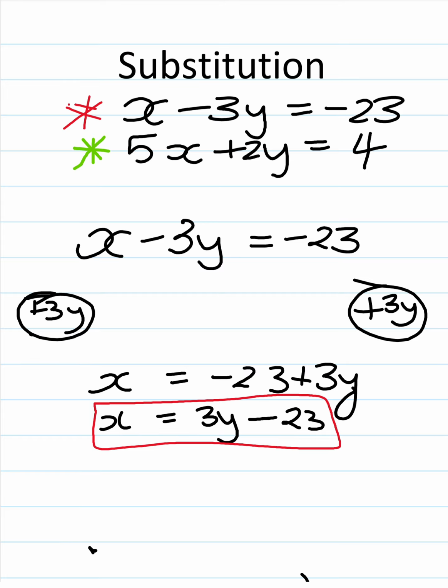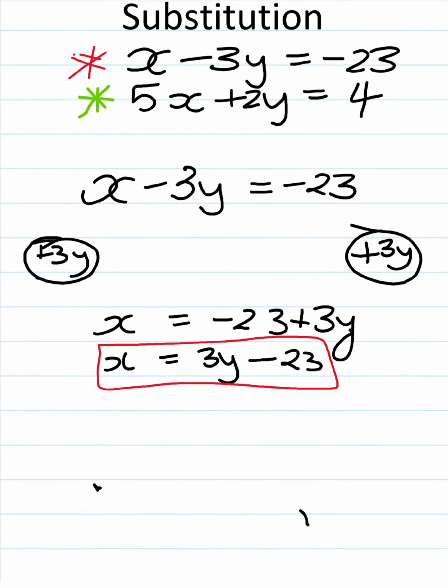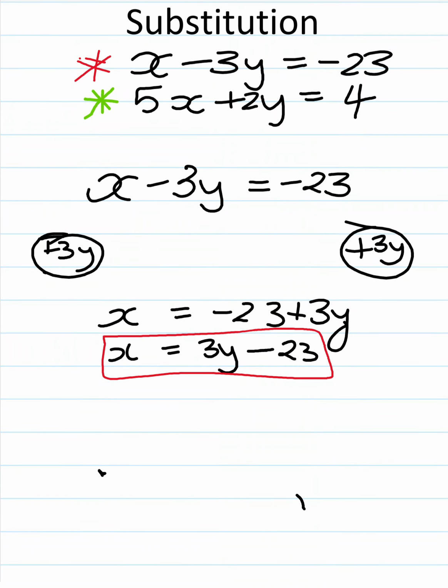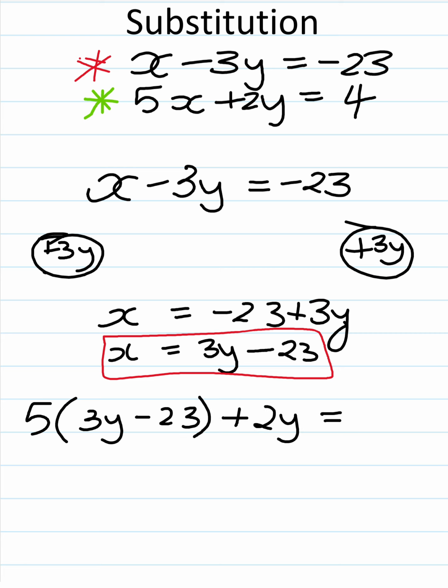Let's substitute the equation we've got in terms of x into our second equation, which I've marked in green. Wherever there's an x, we can substitute the new equation we've found. So we get 5 times 3y minus 23 plus 2y is equal to 4.